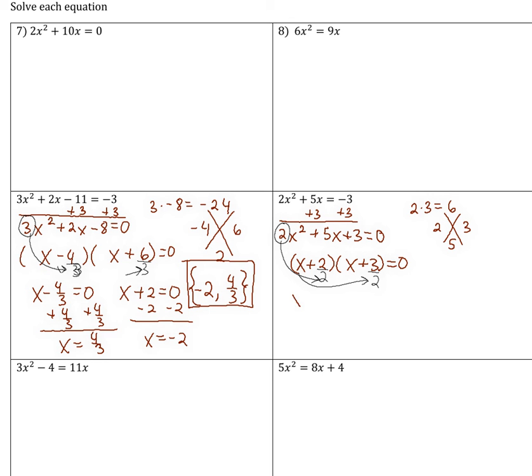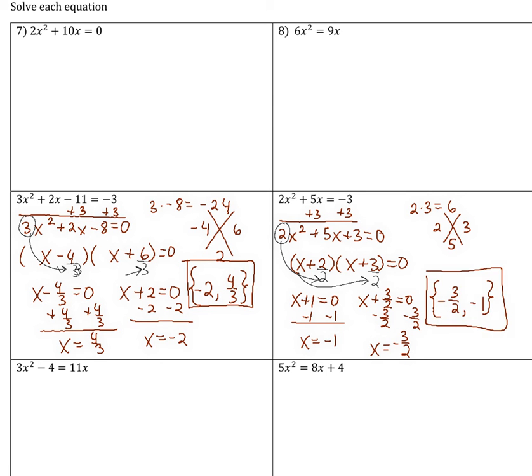So 2 over 2 simplifies to x plus 1. And 3 over 2 is already simplified, x plus 3 over 2. And then we're going to subtract that 1 from each side, and subtract 3/2 from each side. And that gives us our two answers, our solution set, negative 3/2 and negative 1.